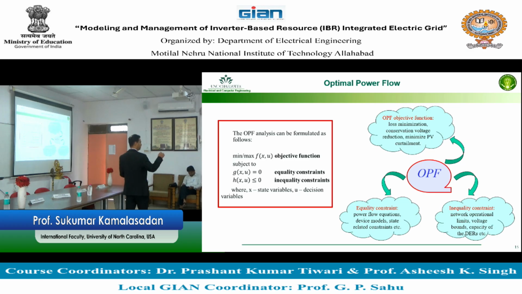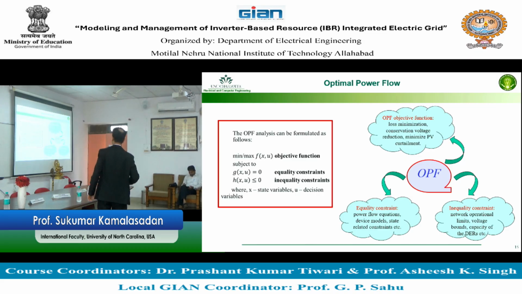If you go into the higher voltage devices, it is called a high voltage DC grid, generally classified as HVDC. The DC network can be integrated to the AC network with the help of optimization. You optimize the DC side and the AC side, and you can put that equality constraint there. Anything can be cast mathematically in the form of an electric grid design. So that's equality. Inequality constraints: network operational limits, voltage bounds, capacity of DERs.